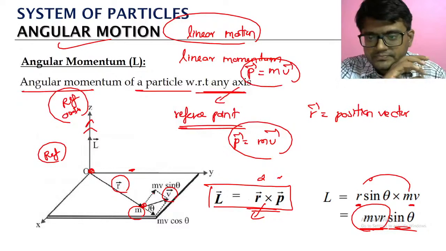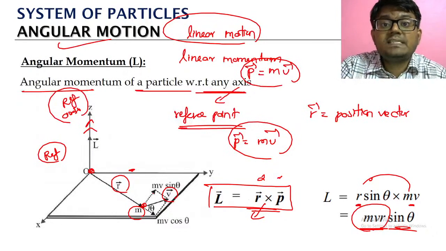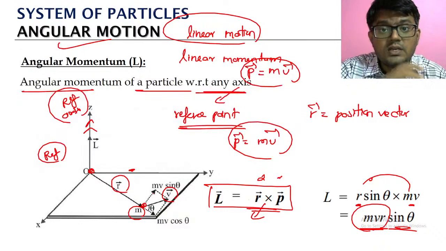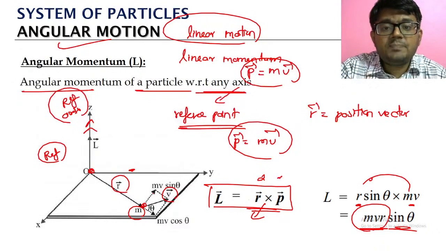Okay, அங்கேயும் நம்ம absolute சொல்லக்கூடாது. ஏன் தெரியுமா? Linear momentum is related to velocity, and velocity will depend upon who is the observer. Okay, but again it will not depend upon the reference point.